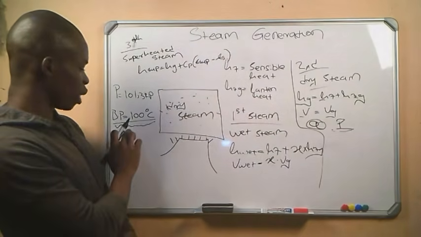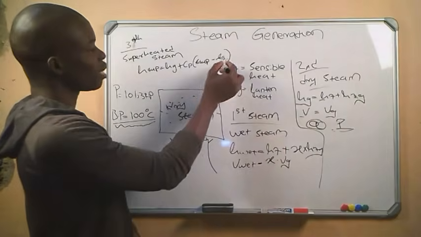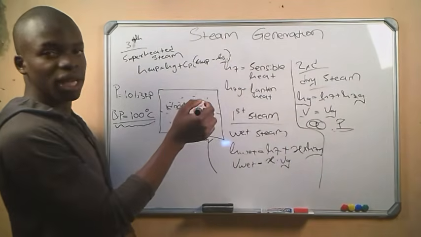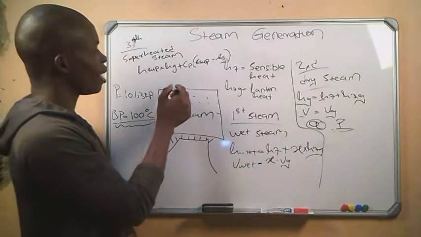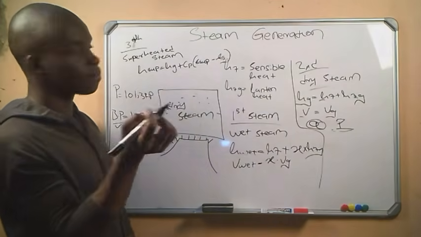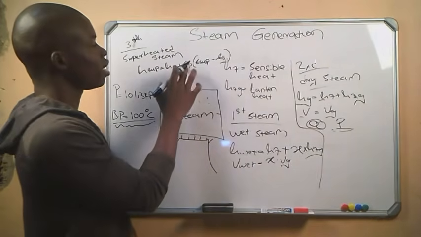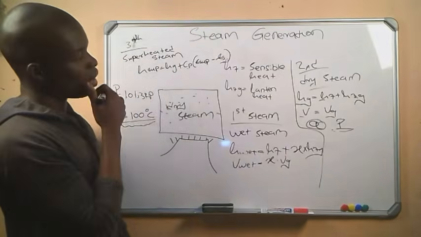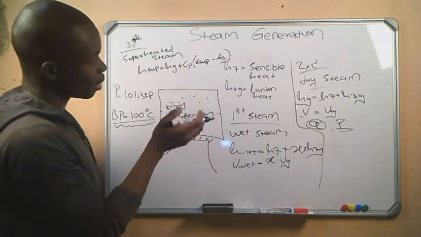In this case we are using 100, but this you can also get from the steam table when you have a pressure. Cp is the specific heat capacity for the steam, and those are our three steams.